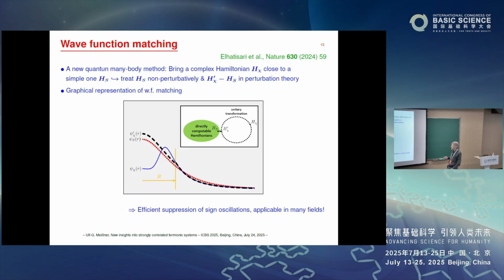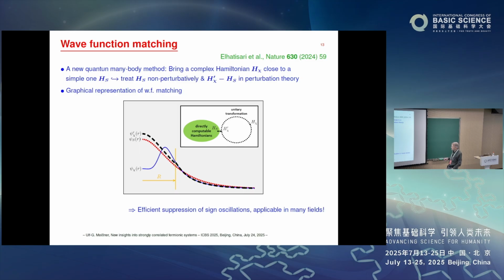And what you can do, if such a soft Hamiltonian exists, is bring this complicated Hamiltonian by a unitary transformation, that's why it's written on the circle here, very close to this soft or directly computable Hamiltonian, and then you use this non-perturbatively, and you can calculate all the corrections in perturbation theory between H chi prime and HS.